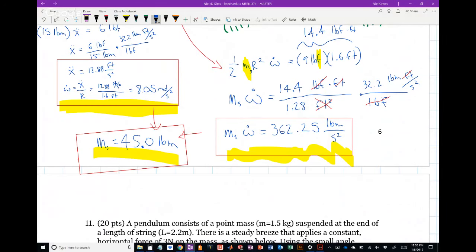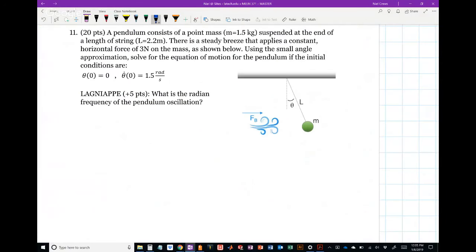Okay. Problem 11. This is an oscillating pendulum. We are given this horizontal force. We know our length, we know our mass, and we know our initial conditions.